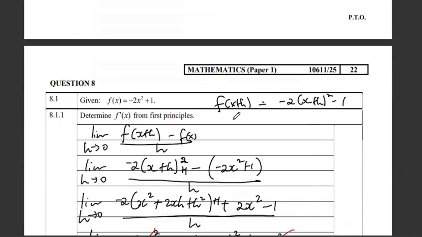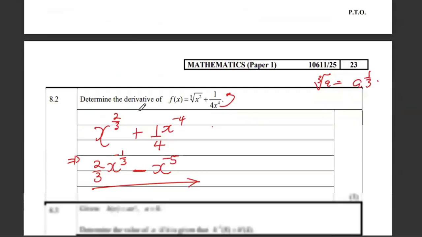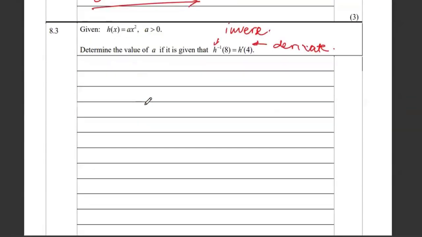Remember here, he told us f prime, which is the derivative. Okay, so one thing we need to know is that let's start with the derivative because it's a bit quicker. So h prime of x is going to be 2ax. But then they're telling us if x is a 4, h prime of 4 is going to be 2 times a times 4, which gives us 8a. Call that equation 1.